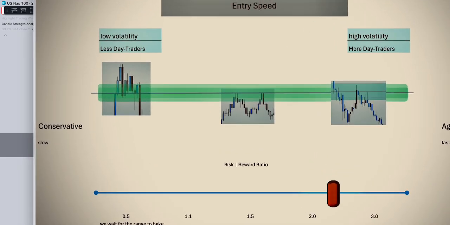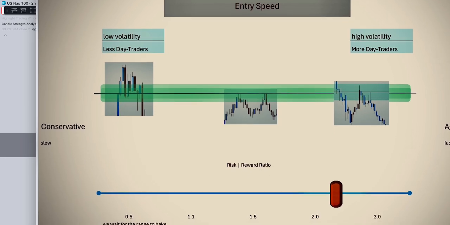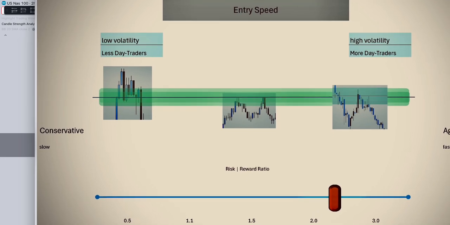I've got a speed of entry chart here that I've made to help me size my positions. If the market's highly volatile, there's likely to be more day traders, so we're more likely to see break and retest. And so I've moved my risk to reward ratio higher, towards 3 to 1.